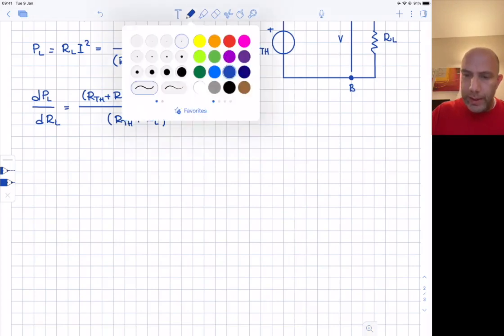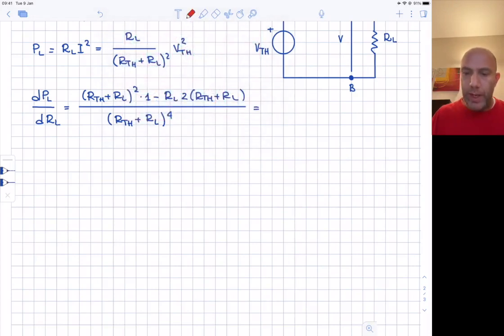We can see that the denominator has a term like RTH plus RL, and this term is also available in the first two terms of the numerator, so we can simplify these terms here, and we have a cube value at the denominator.